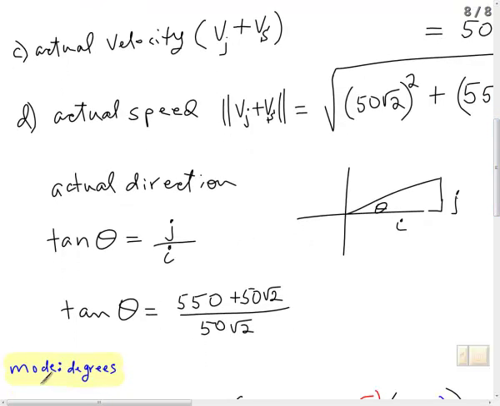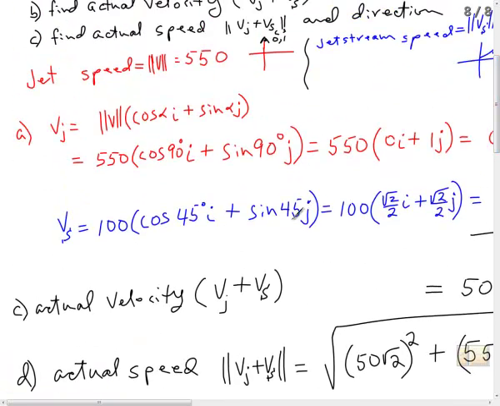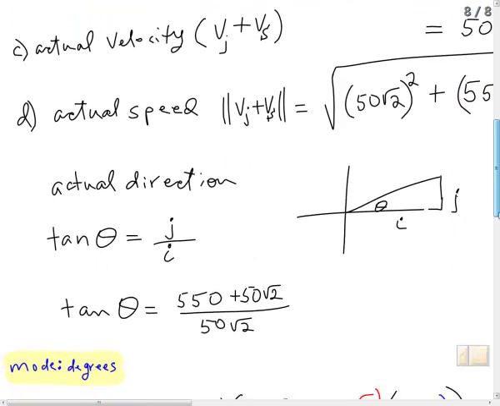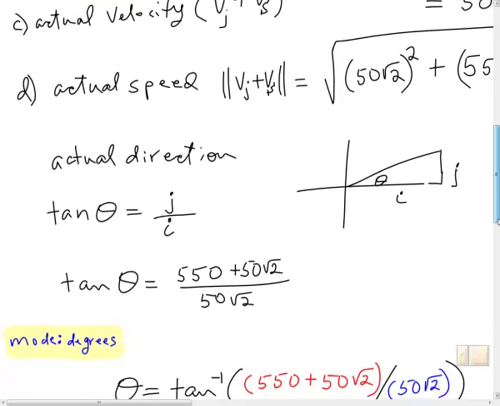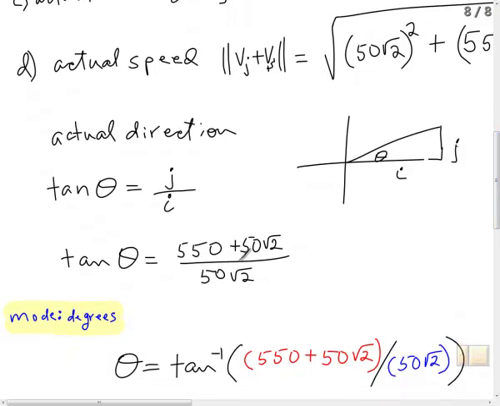And our mode in our calculator, because we've been working in degrees the whole time, right? Everything's in degrees. So we have to make sure our calculator's mode is in degrees. So we're going to apply inverse tangent to both sides, and the tangent and inverse tangent are inverses of each other, so they're going to cancel each other out.